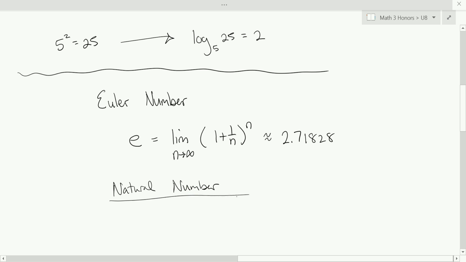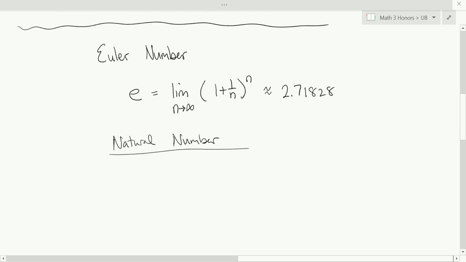And it turns out with finances, it's nice to solve using a log base E. The log base E of some number, 5. And log base E gets used so much that it gets its own notation. Instead of having to write log base E each time, they write ln 5.